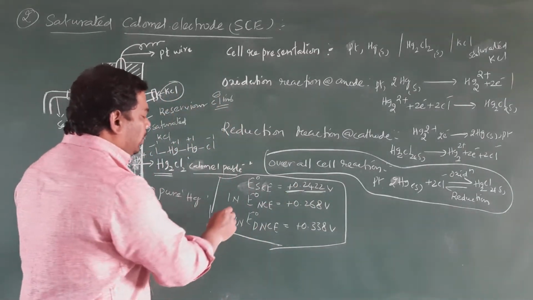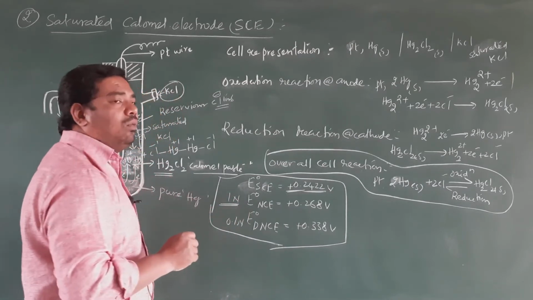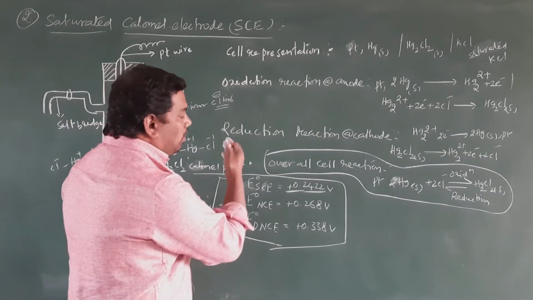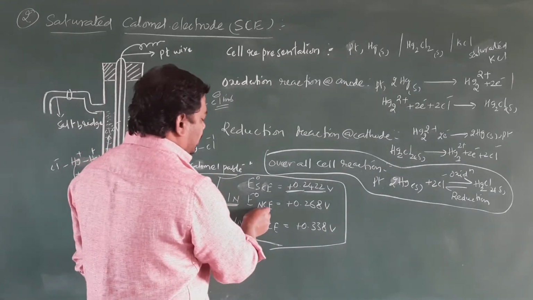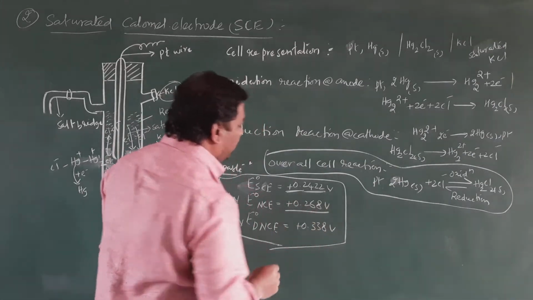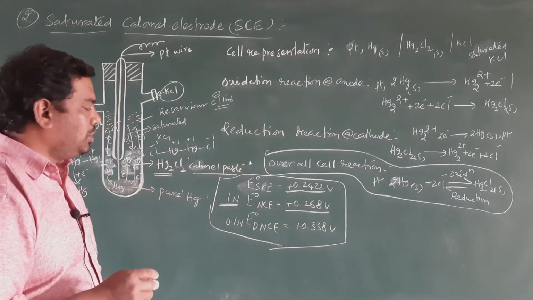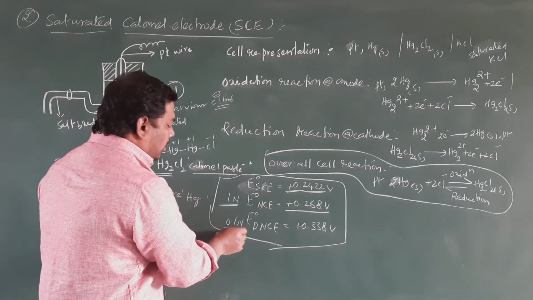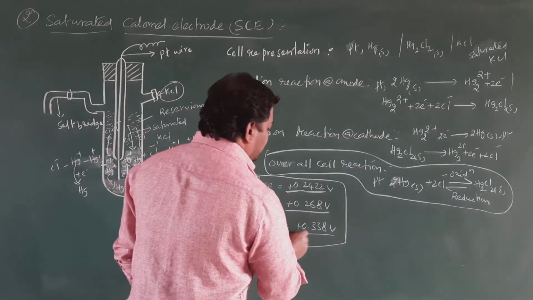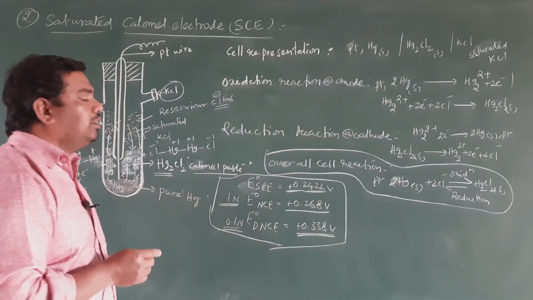If we are taking one normal potassium chloride, then it is a normal calomel electrode, so the value is equal to plus 0.268 volts. If we are taking 0.1 normal condition, then the value is equal to plus 0.338 volts.